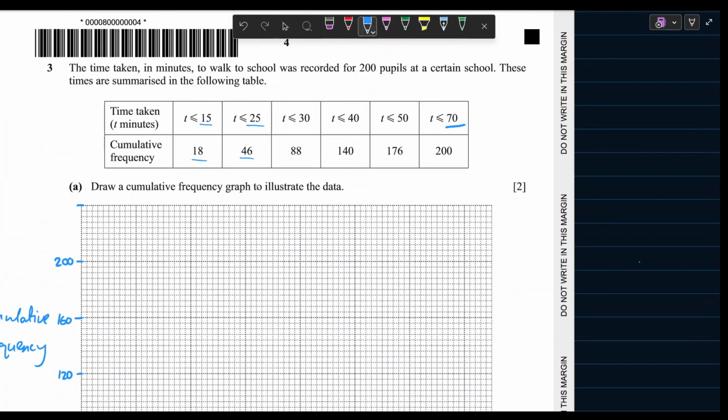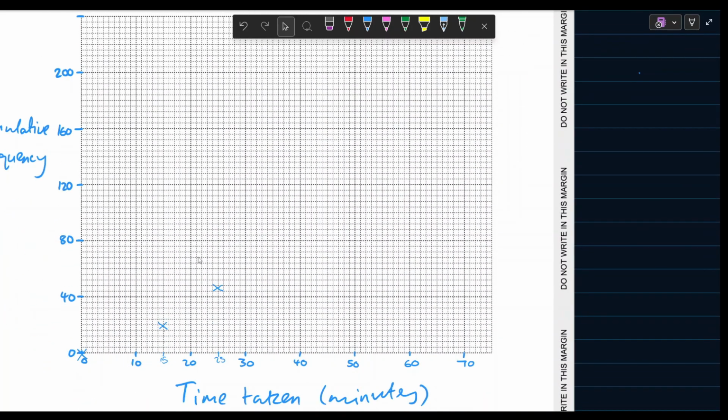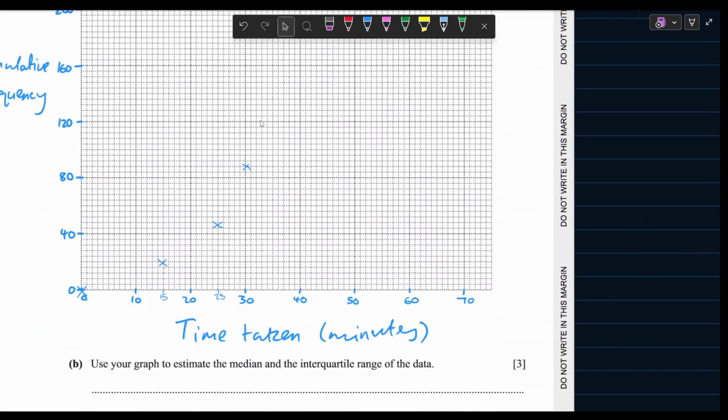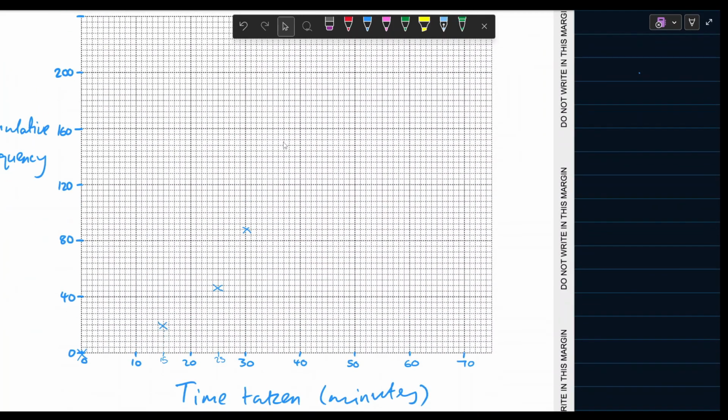And then we go on to 30 and 88. So time is 30 and cumulative frequency is 88. So 80, 84, 88 is right here. Next we've got time is 40, cumulative frequency is 140. Just count 5 boxes here, 1, 2, 3, 4, 5.